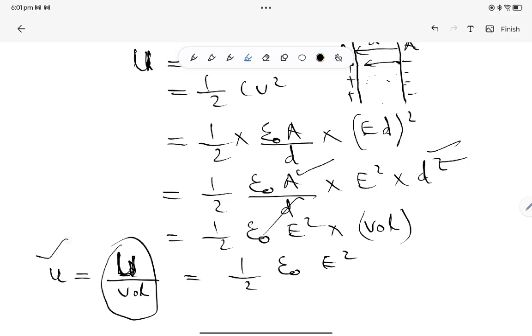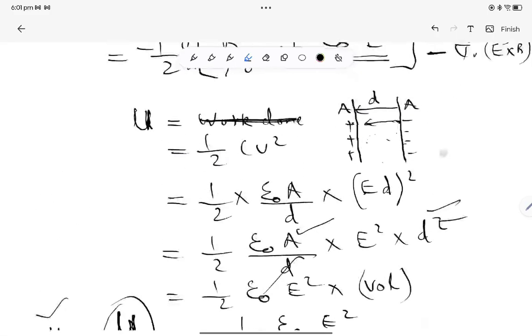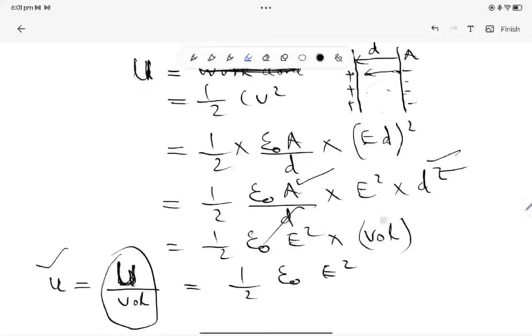This is energy density. 1 by 2 epsilon naught E square is electric energy density. Similarly, 1 by 2 B square by mu naught is energy density in magnetic field.